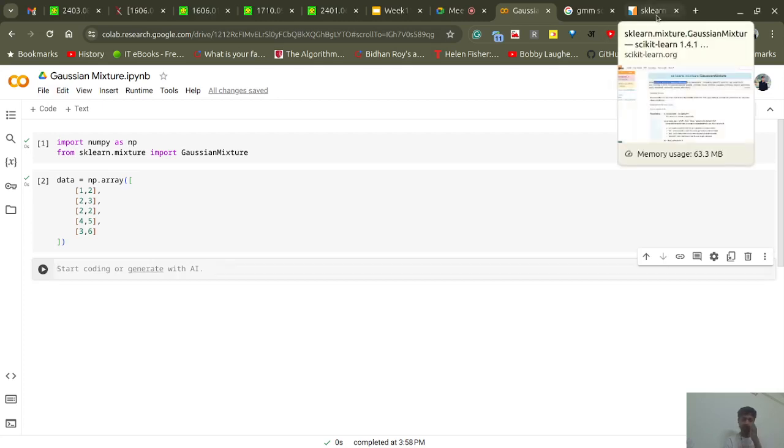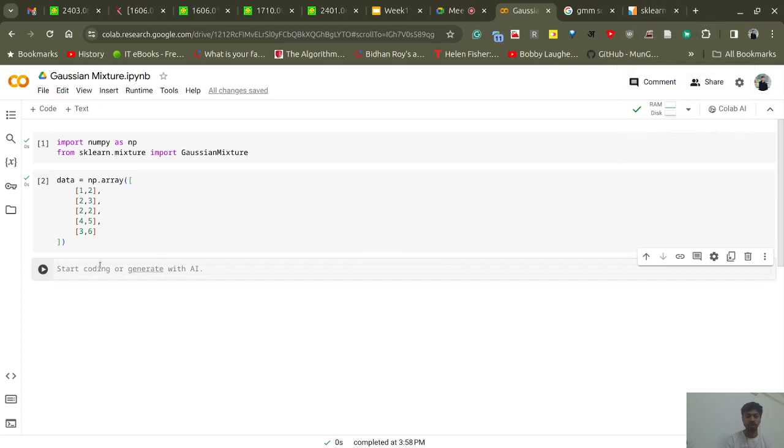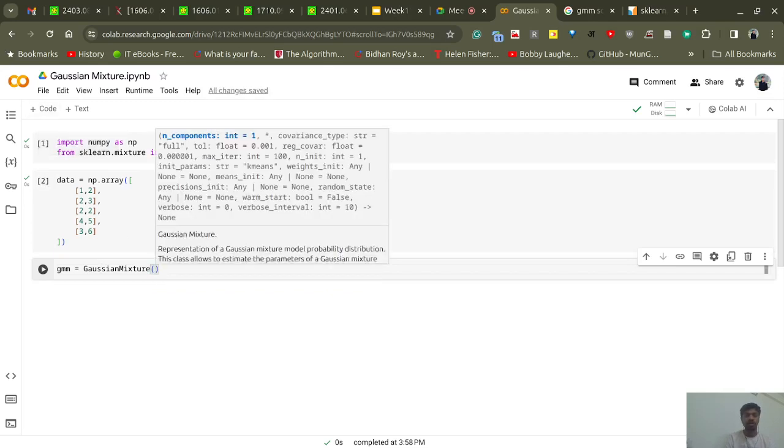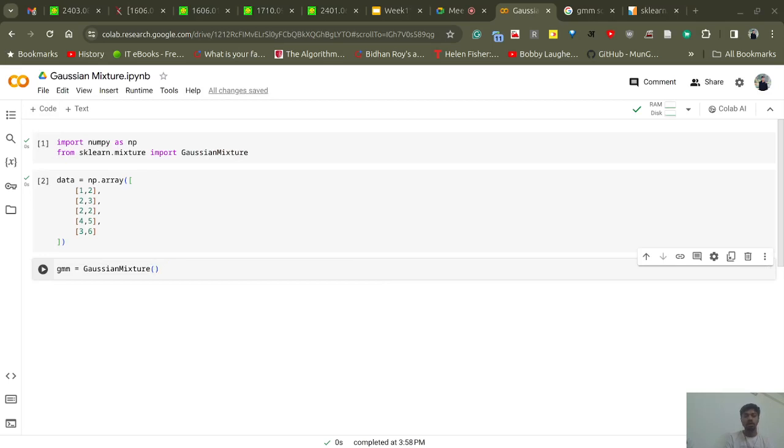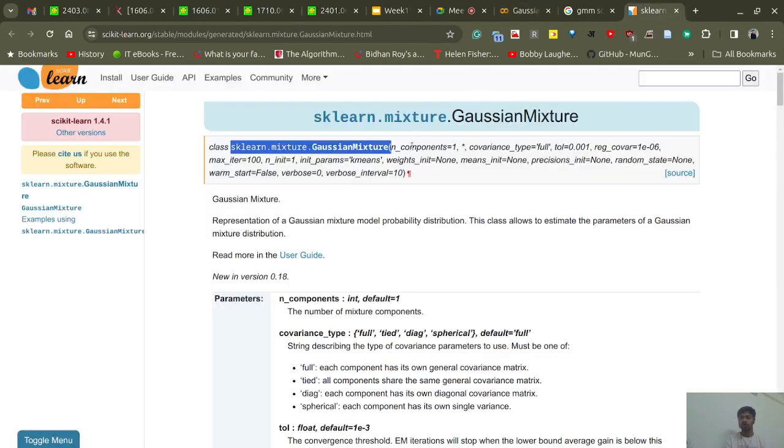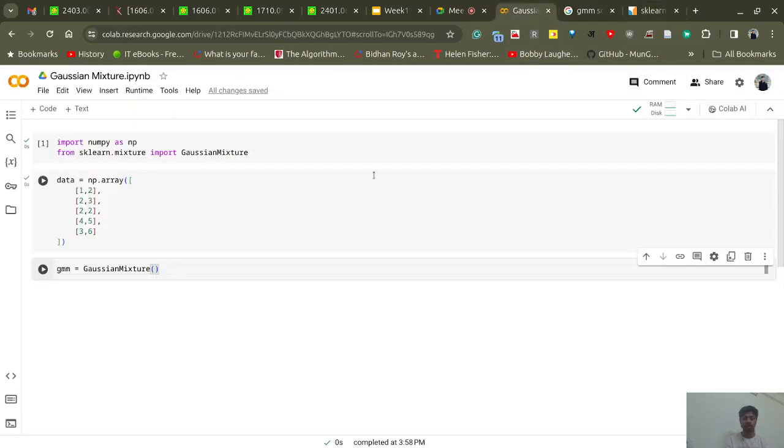Then we have to initialize a Gaussian model, which is what we have imported from here, right? We have to give the number of components, so basically k, n_components equal to, suppose, 2, and random_state maybe 42.